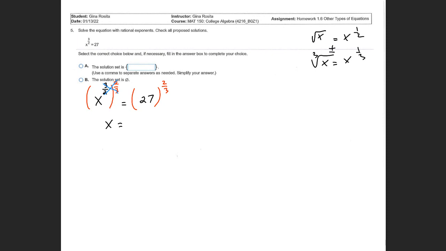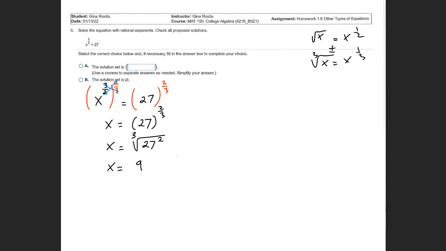So x equals 27 to the 2 over 3, or we can write x equals the cube root of 27 squared. You can use a calculator. So the answer becomes x equals 9.